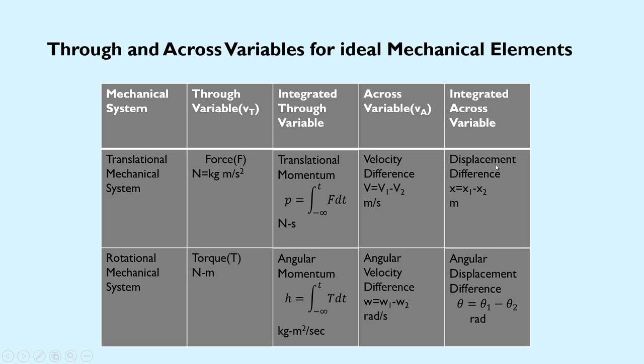Here integrated, that means integration of this term is displacement, then we get displacement difference, here in rotational, angular displacement difference, which is denoted by theta. In this way, we write down the through and across variables. This is regarding the mechanical system mathematical modeling. Thank you.